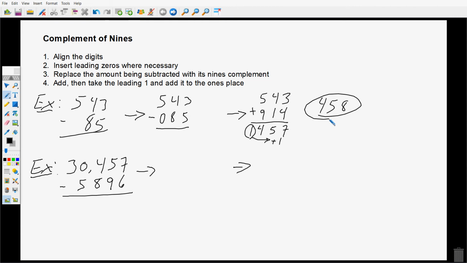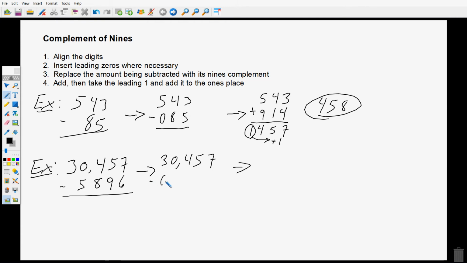Now let me try it again. The top number always stays as it is. So I have 30,457. And the number which is being subtracted, insert any leading zeros if necessary.